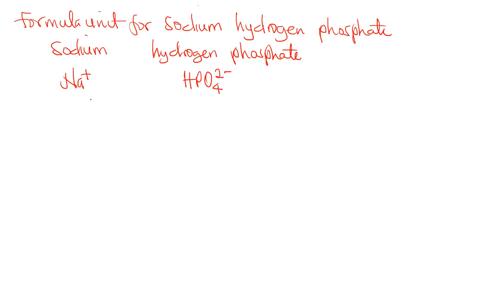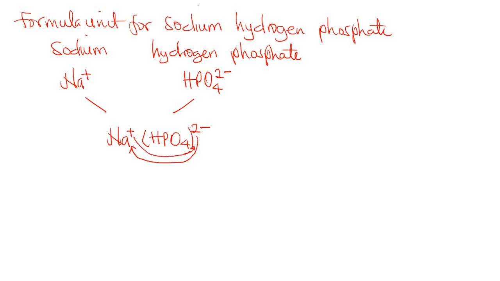So what you are going to do is bring together these 2 ions. You have sodium here, and then you have HPO4. Remember to put the charge outside. After that, you take the 2 and put it down here. You take the 1 and put it down here.